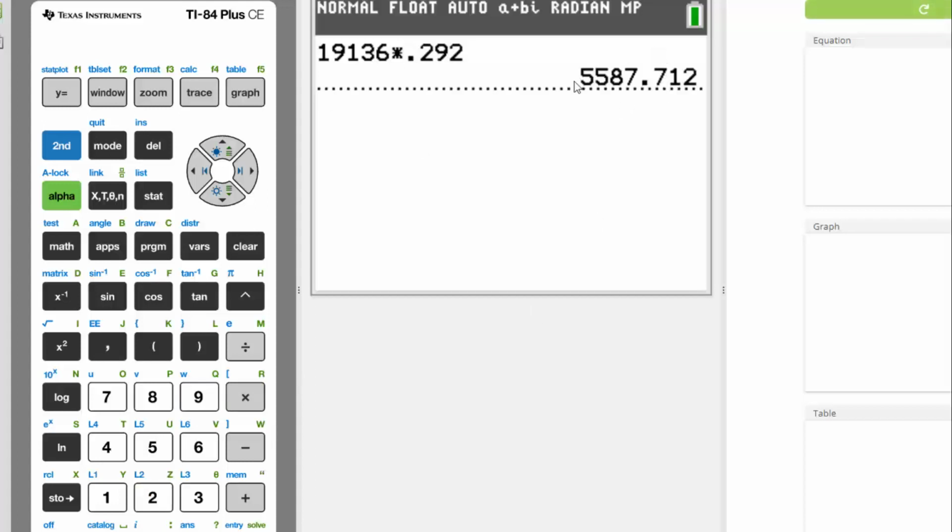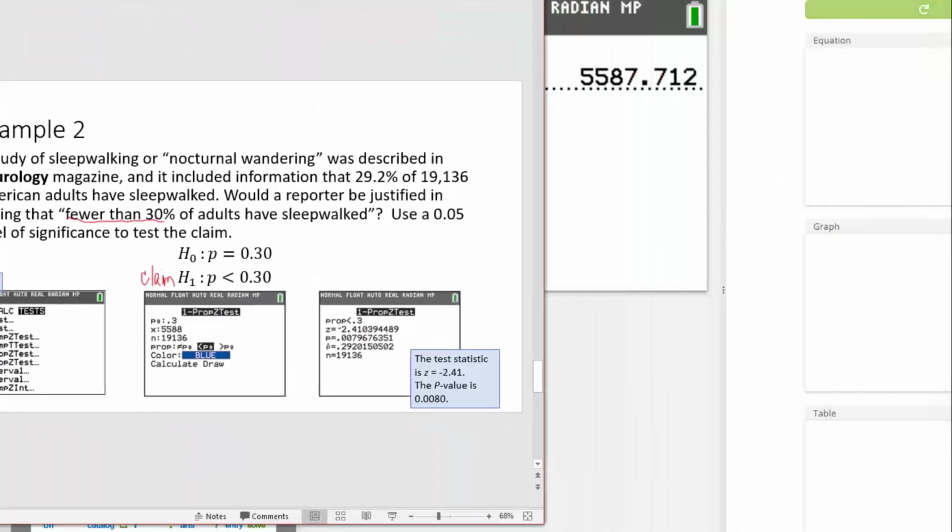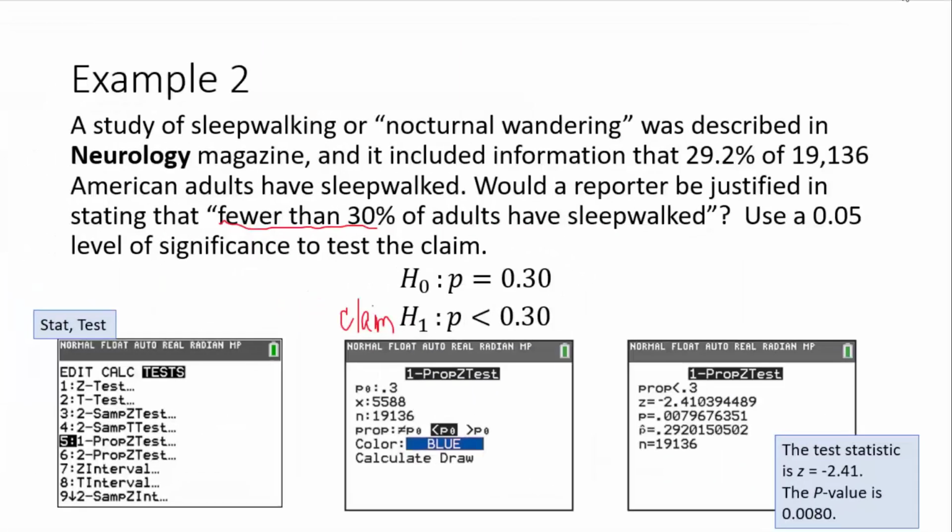Now I know that they could not have possibly come up with part of a person that did sleepwalking. So while it looks this way, I want to use something reasonable. So that's where 5588 comes from. Oh, I moved the wrong thing over. So sorry. But 5588 came from me doing that.